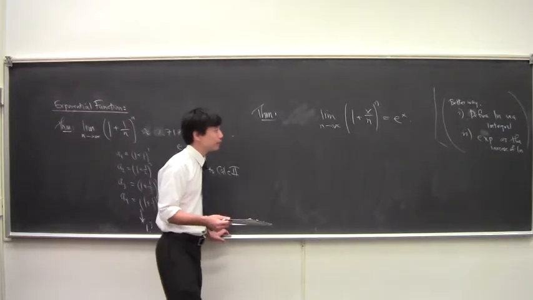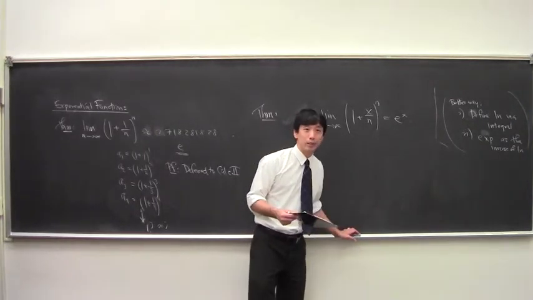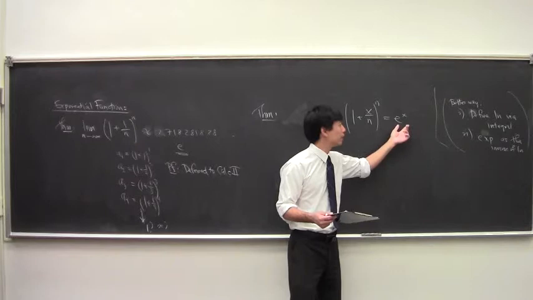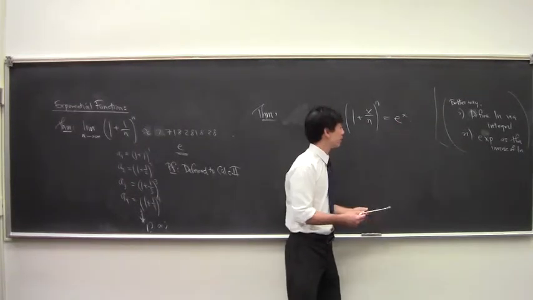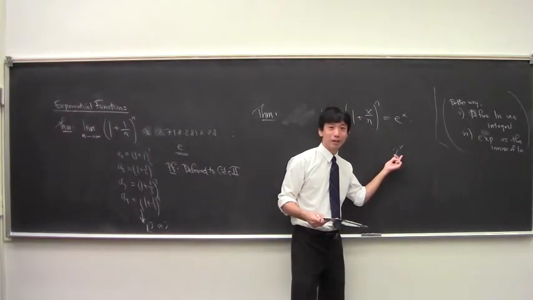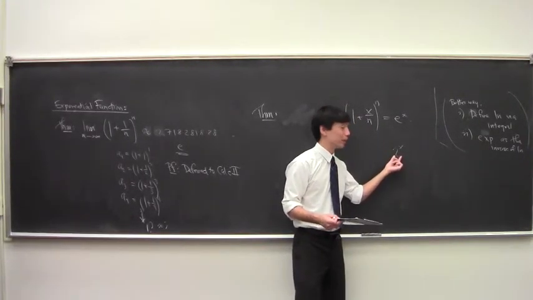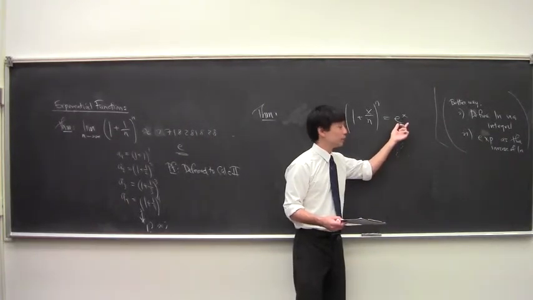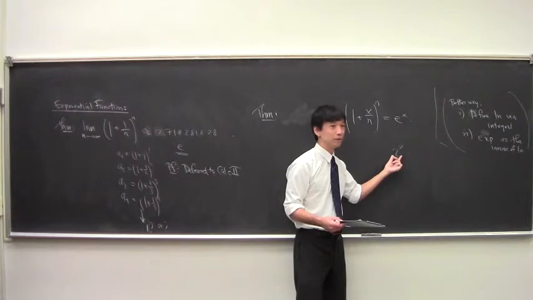I don't want to say too much about this function e to the x, but for those of you who haven't seen it, it's not all that different from this. You look at the function 2 to the x. You're just taking some powers of some base.